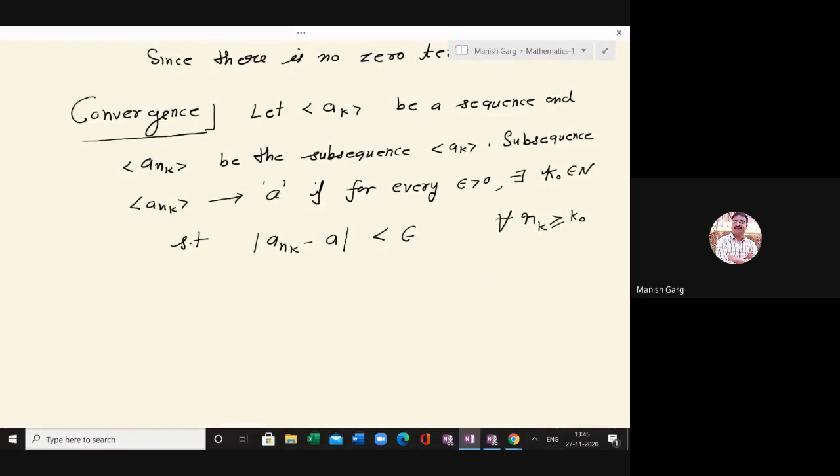So this is the convergence of it. Same thing, and k must be greater than or equal to k naught.